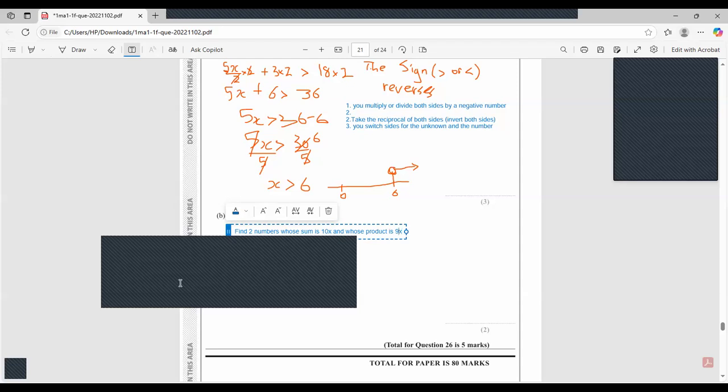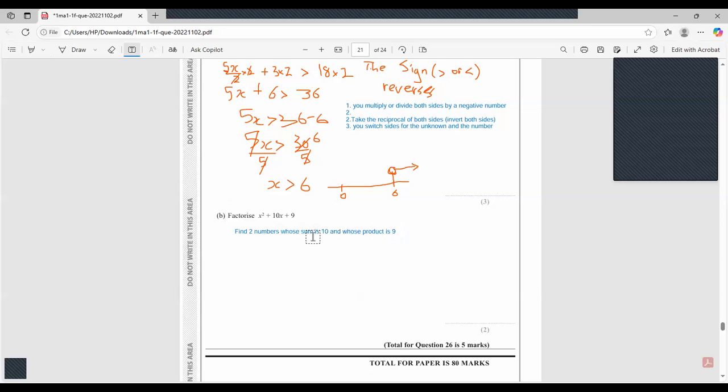Sorry, not 9x. Let's just say 9. So find two numbers whose sum is 10 and whose product is 9.